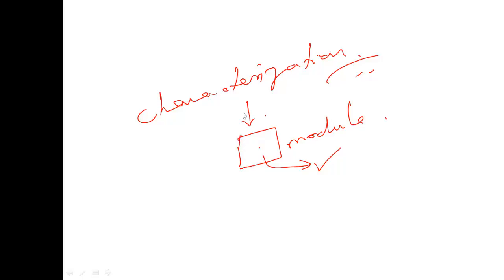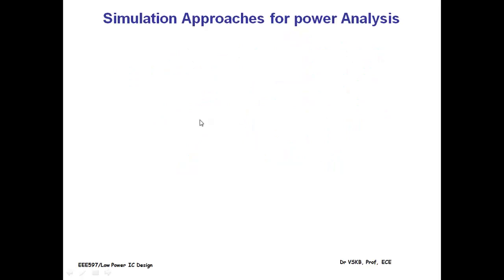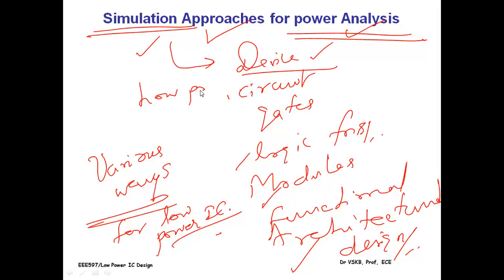And since I have done this characterization well before, and the characterization happened to be very accurate, and I go for spending so much of resources on this, time on this, I go for full custom designing my gate, and then I characterize, and based on the characterization what I find, I go for even tinkering with the design once again, and I go for getting the best gate structure possible. Then I use all such gate structures in my final design. That enables me to go for having the low power design analysis through your simulation based approaches.